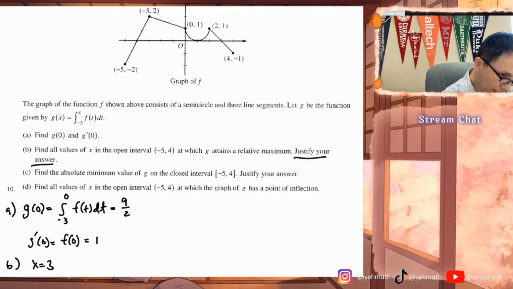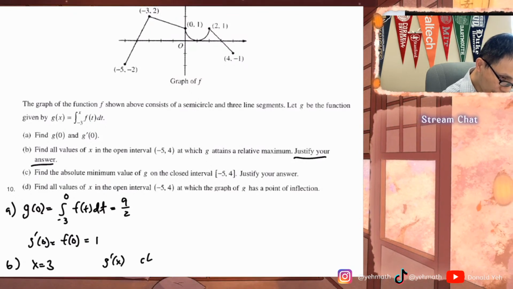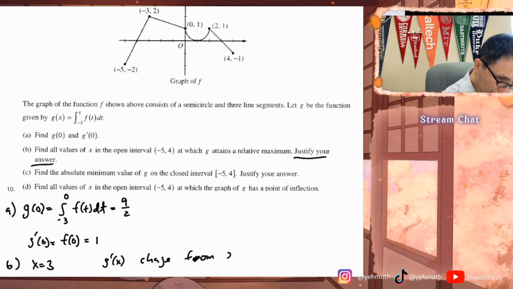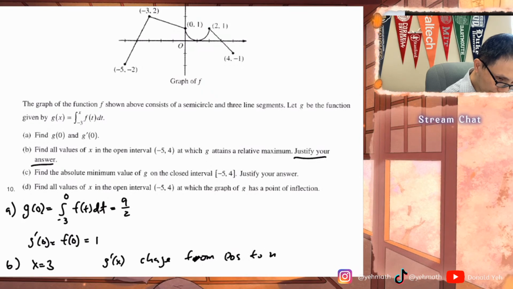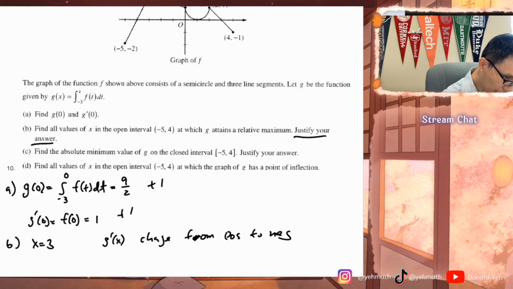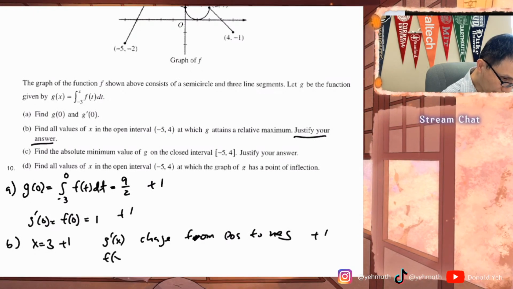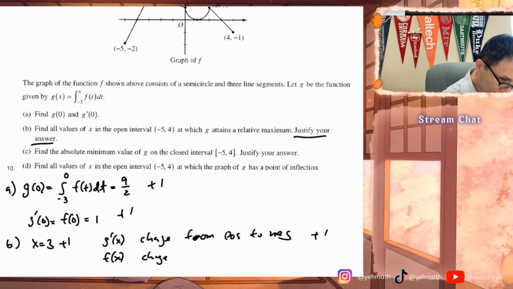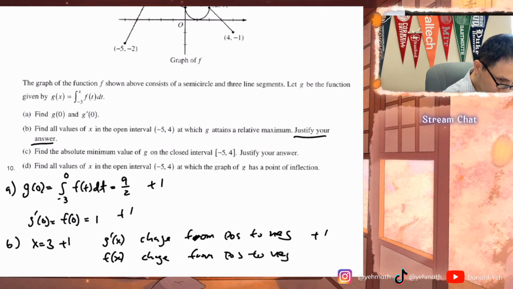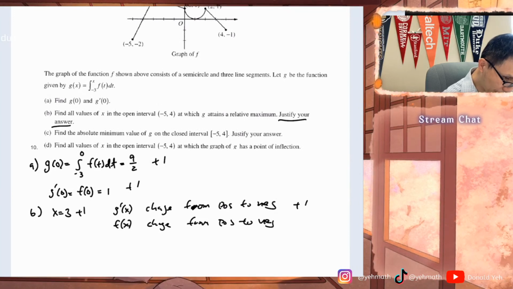You're gonna say g prime of x changes from positive to negative. And that's how you get the points. So this is a +1, this is a +1, this is a +1, and this is a +1. Or f of x changes from positive to negative. Then you just get like 4 points already.